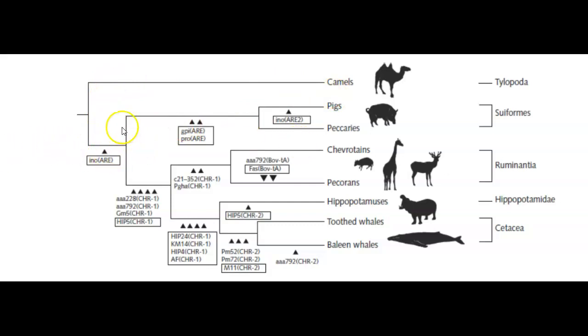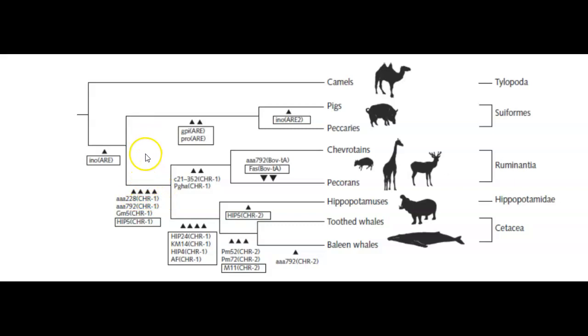Then if we do further separation, we see that out of the ones that had the I know ARE, there are two groups that had another I know ARE right here, and then also a GPI ARE and a Pro ARE. These are basically the insertion points of all these different SINEs.